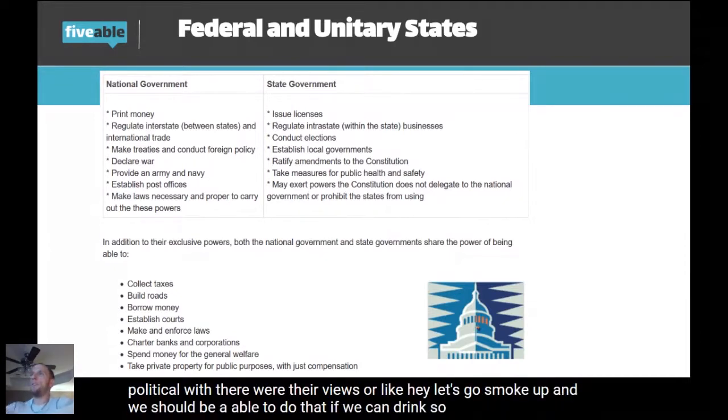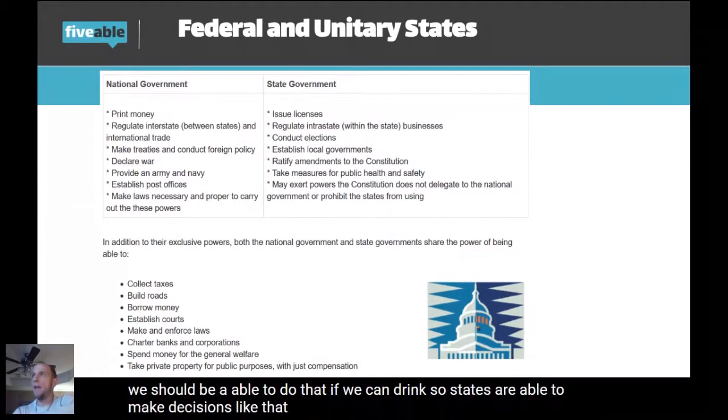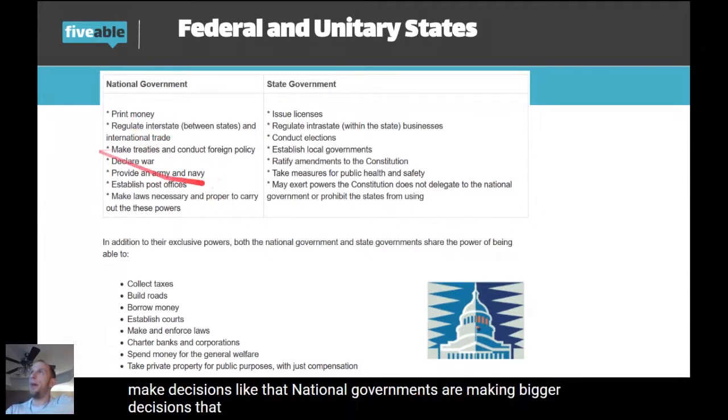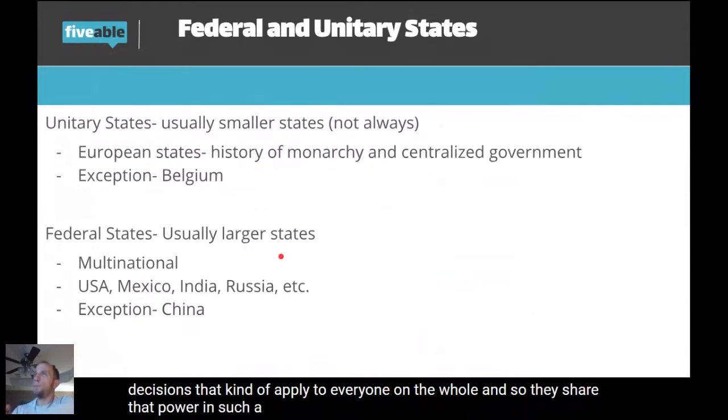So states are able to make decisions like that. Usually federal or national governments are making bigger decisions that apply to everyone on the whole, and so they share power in such a way.